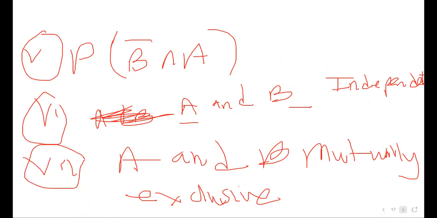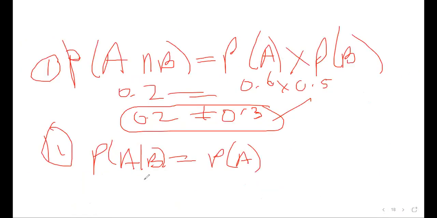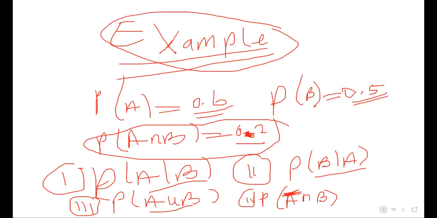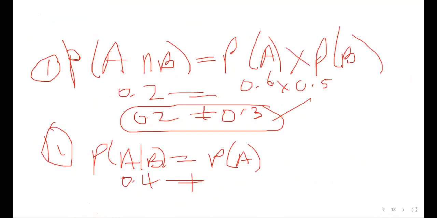I'm happy that you are following. So is 0.4 equal to probability of A? If one of these tests fails, you can just use one of these techniques to test. Probability of A is 0.6, so not equal. So these events are not independent.